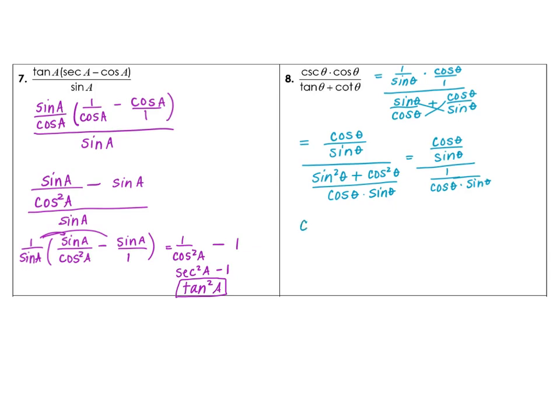So we have, again, cosine theta over sine theta times our reciprocal, so that's going to be cosine theta times sine theta, all over 1. And notice those sines will cancel. So it looks like all of this, we're left with cosine squared theta.